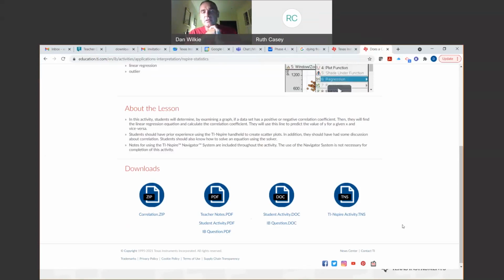They have this wireless system called the Navigator that allows me to interact with the students through the calculator more than I could ever do with the 84 or Casio or whatever calculator you're using. So I'm biased with respect to the Nspire. That's the one I like to use on a daily basis, and it gets me through the year. I don't know what I would do without it.